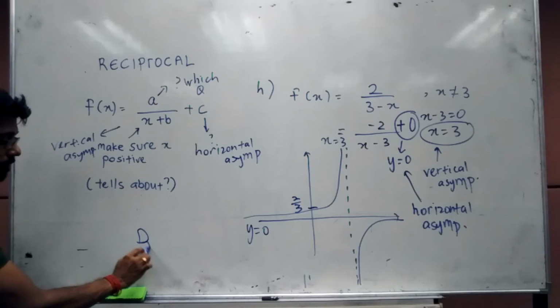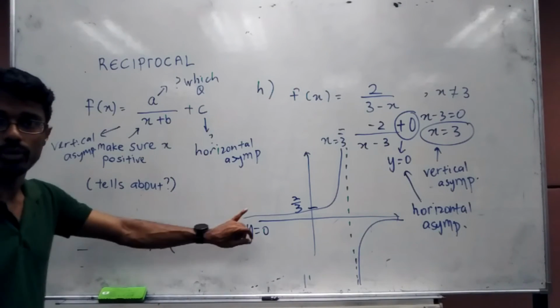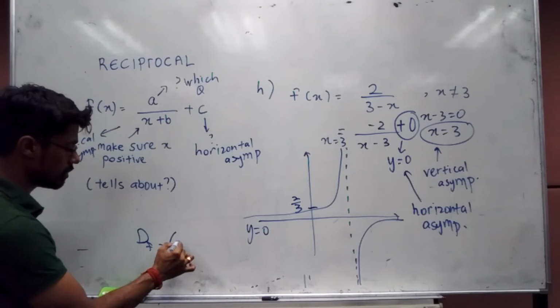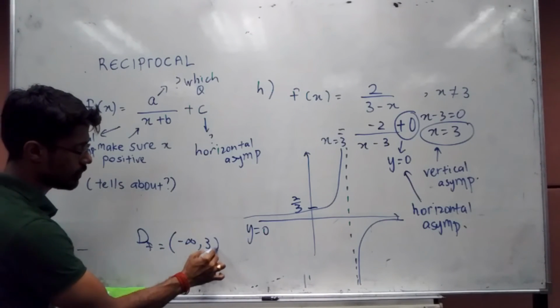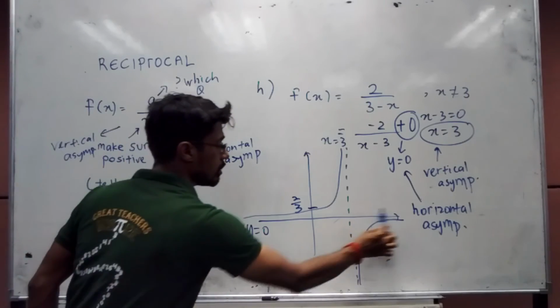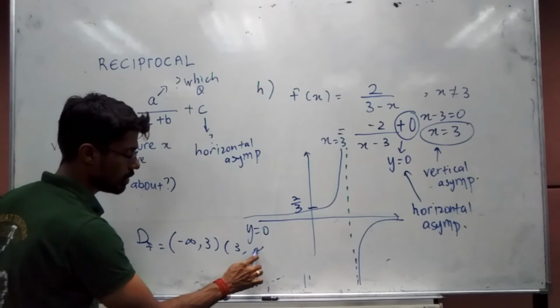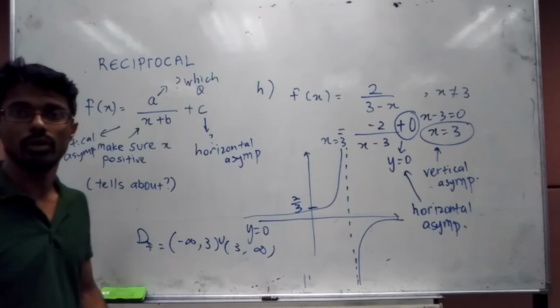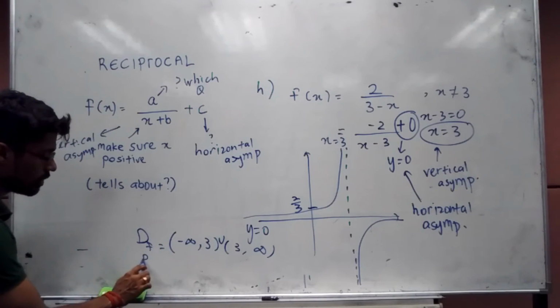The domain of the first curve is going to be from negative infinity to 3, and this one is going to be from 3 to infinity. I'm going to put a union there to unite the set of x.